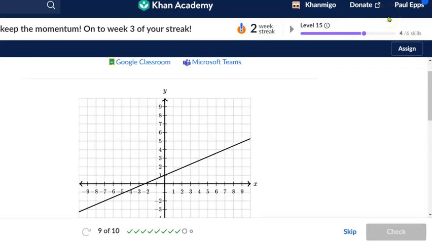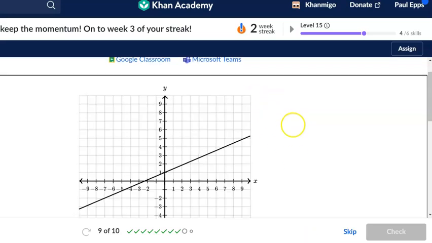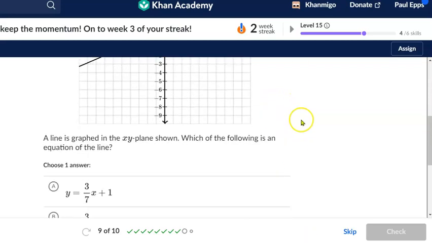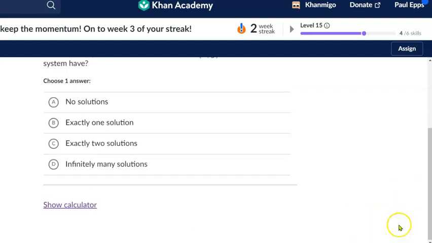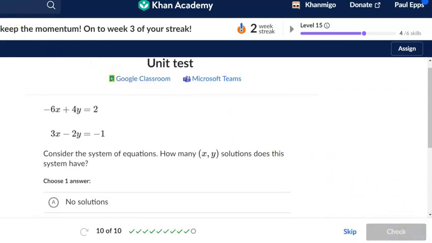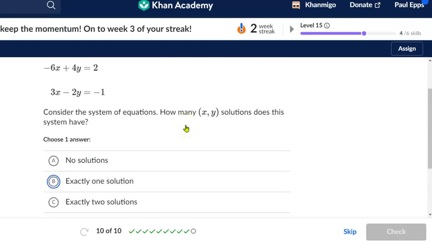All right. There it is. Y equals 3/7 x plus 1. Okay.